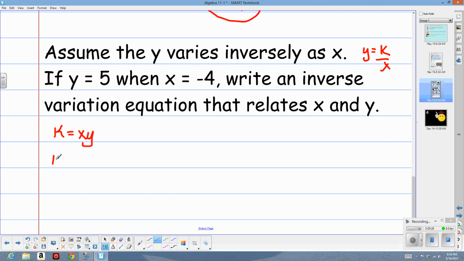So k in this case is going to equal negative 4 times 5, which is negative 20. So our equation is either xy equals negative 20, or y equals negative 20 divided by x.